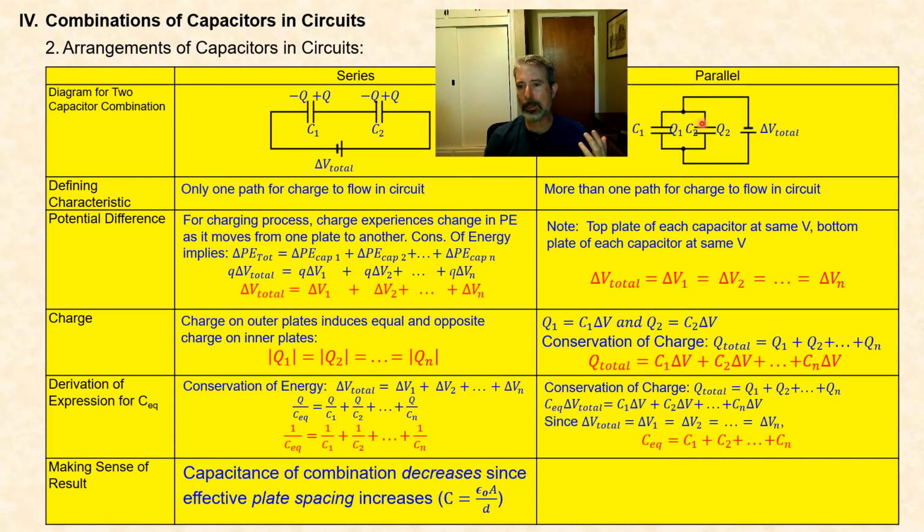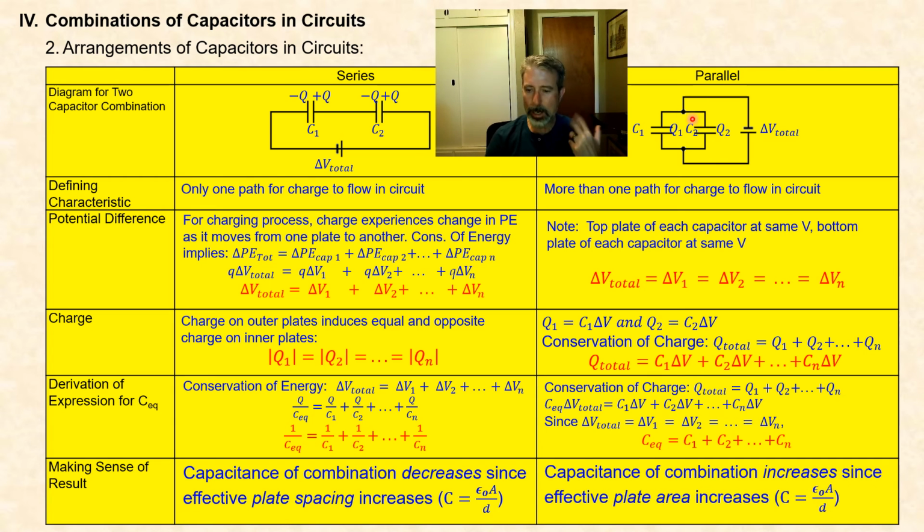These are both at the same electric potential. So we can look at it this way: for a parallel arrangement, increasing that effective plate area, when you look at the expression we derived previously, should increase the capacitance. It should increase the amount of charge and potential energy that can be stored in the capacitor.